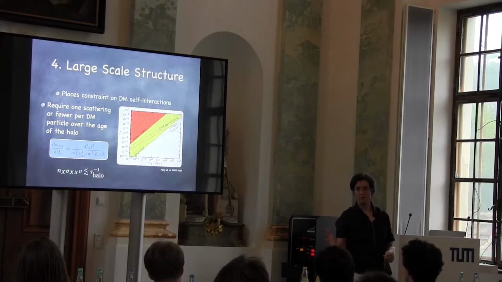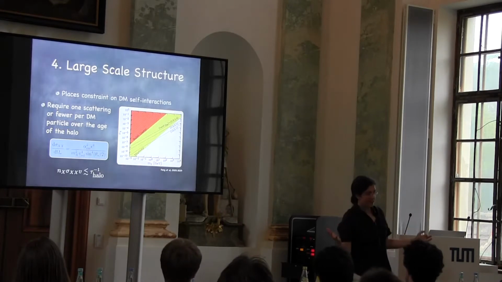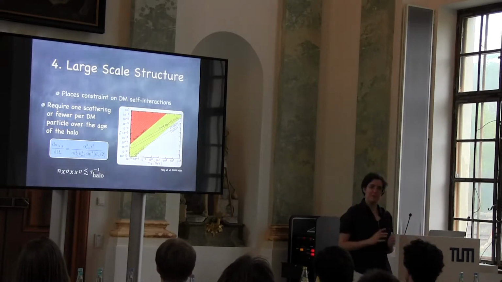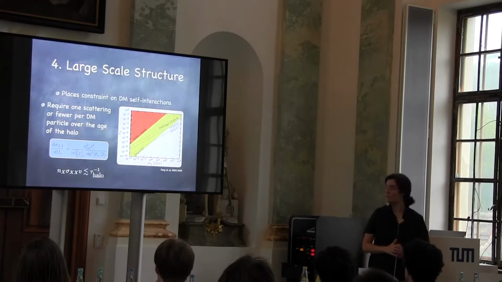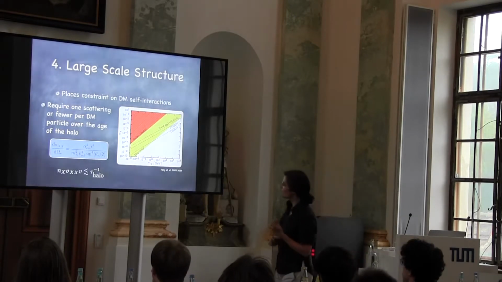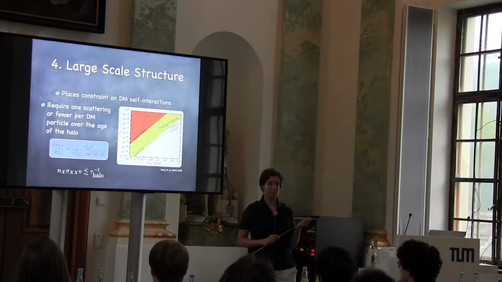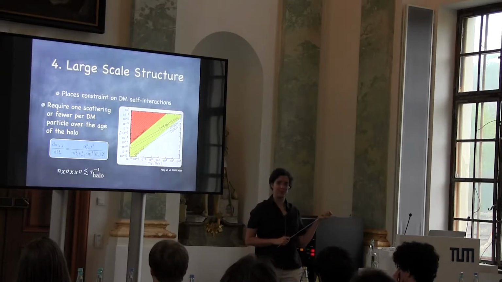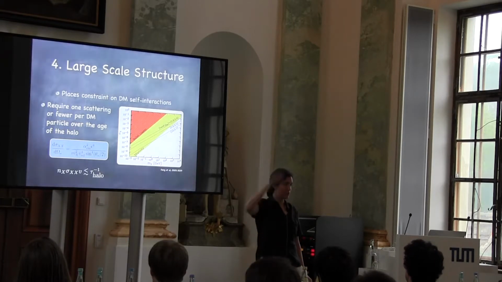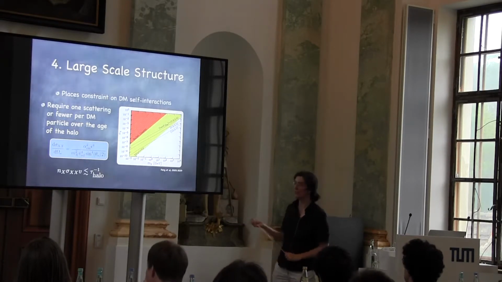You go and talk to a simulator and ask what is the constraint on the dark matter self-interaction cross-section? And they will say, I don't think we really know. It could be 10 centimeters squared per gram, it could be 50, it could be 0.5, we're not really sure.